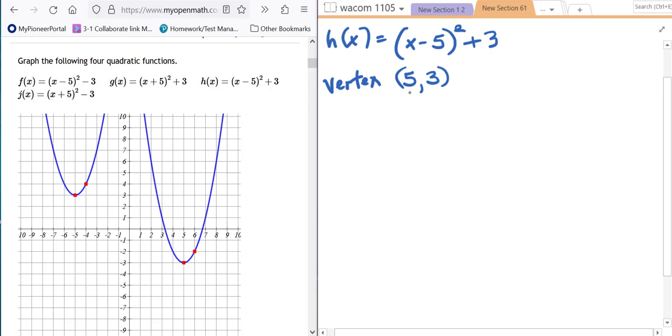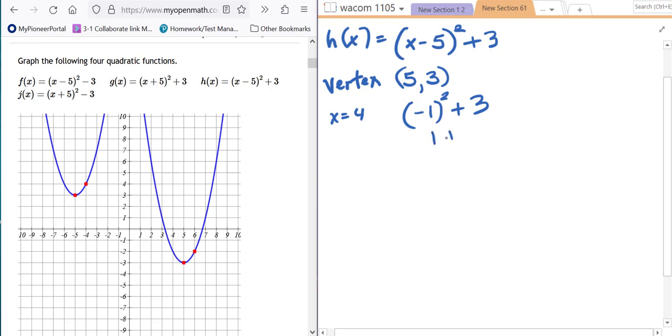Right, and to pick, we'll just pick a random point here because putting 0 in is going to make it too far to the negative. So if we put in, say, a 4, right? 4 minus 5 is a negative 1 squared plus 3.